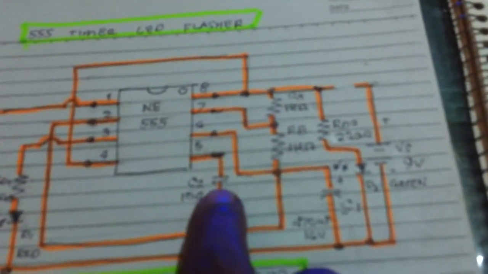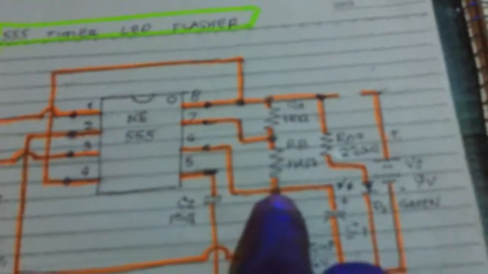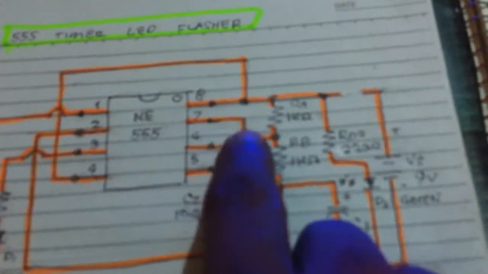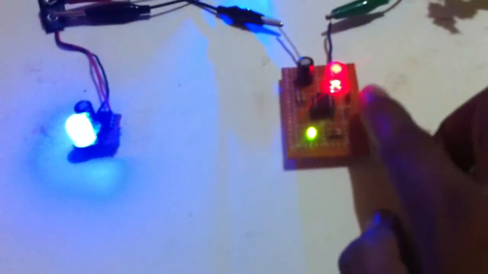So this is the one protecting against that kind of phenomenon. And pin 6 is connected to the capacitor. Pin 7, almost the same, 1 kilo ohm here. I changed the LED resistor value to 220 ohms instead of 500, in order to produce a much brighter LED blinker here. Voltage supply of 9 volts, and we got the parts here.